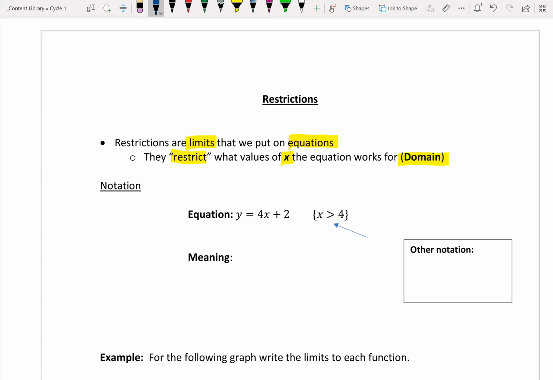So if we have an equation y equals 4x plus 2, and we have some notation here, which is saying that x is greater than 4, this little part over here, the x is greater than 4, that's our restriction.